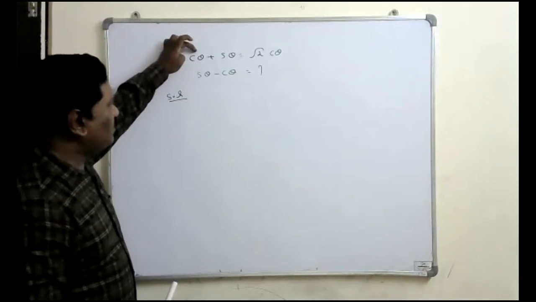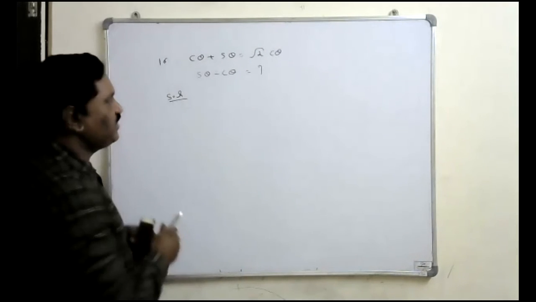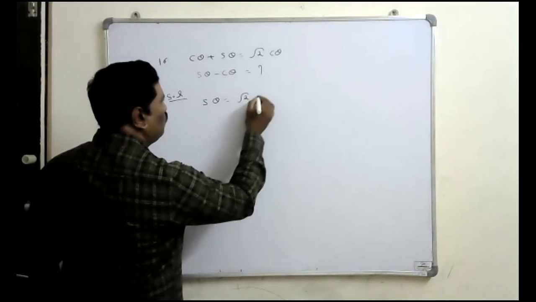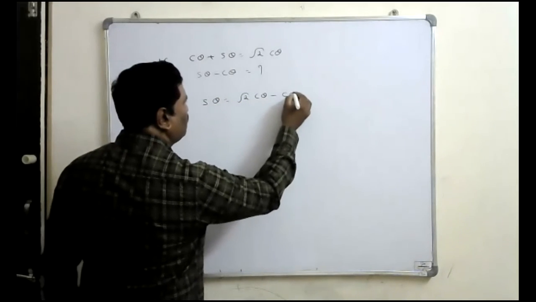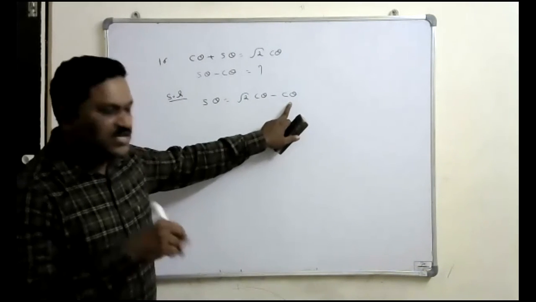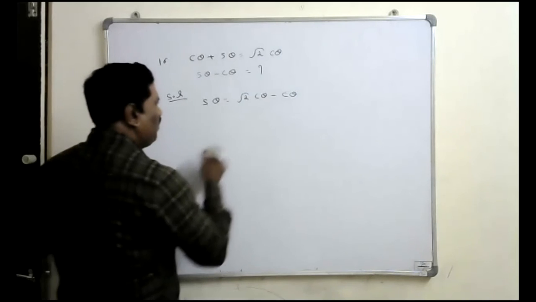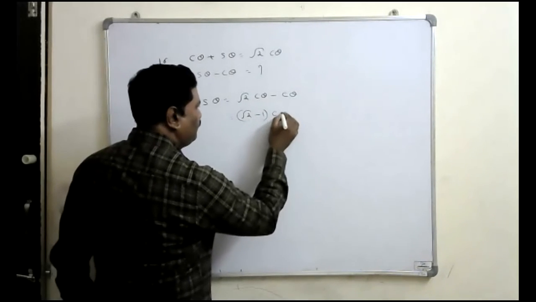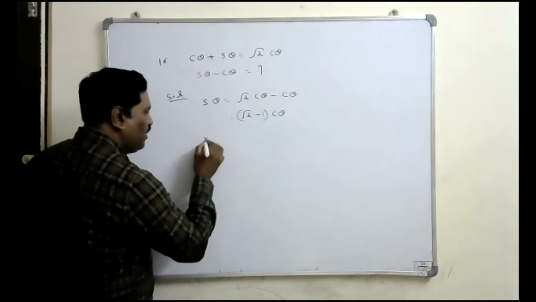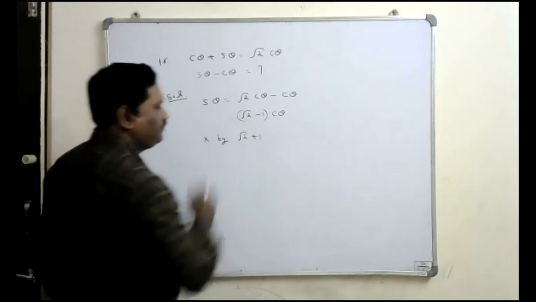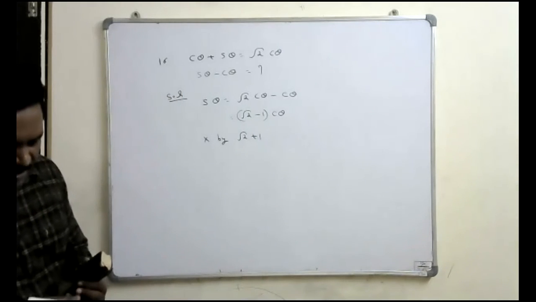What we will do is send this cos theta to the other side. Then sin theta is equal to root 2 cos theta minus cos theta. Then from these two, take the cos theta common. Then we will get root 2 minus 1 into cos theta. Then multiply by root 2 plus 1 on both sides.